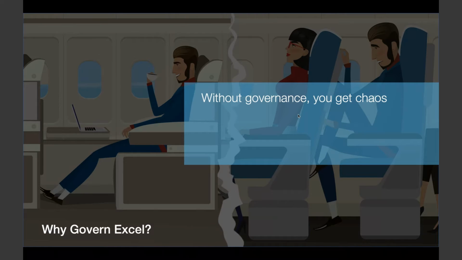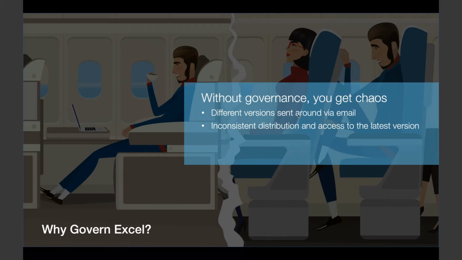And this will look very familiar to many of you that don't have governance around Excel. Different versions of spreadsheets are floating around, people are sending them around, and people are not sure they're even looking at the latest version as they work with it. There's no governance around the recency or quality of that data. There's inconsistent distribution.